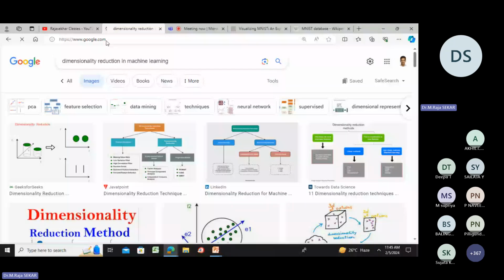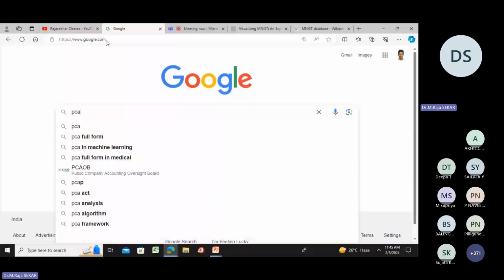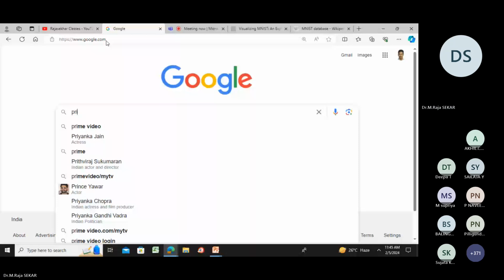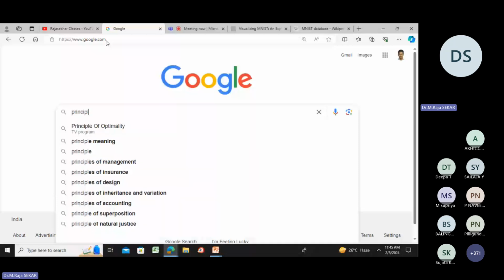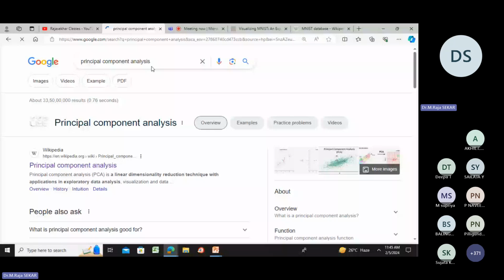Just see what we are saying about PCA. PCA means principal component analysis. Let me type principal component analysis and search, to see in which year it was invented and by whom.